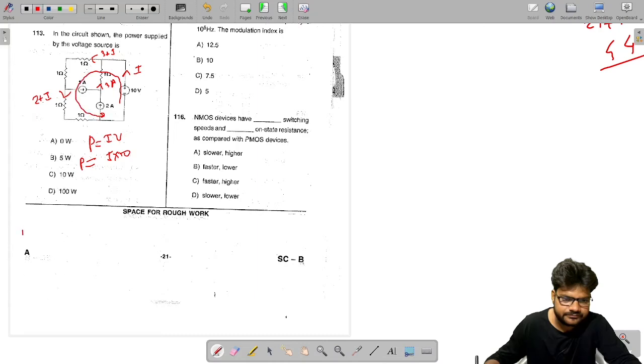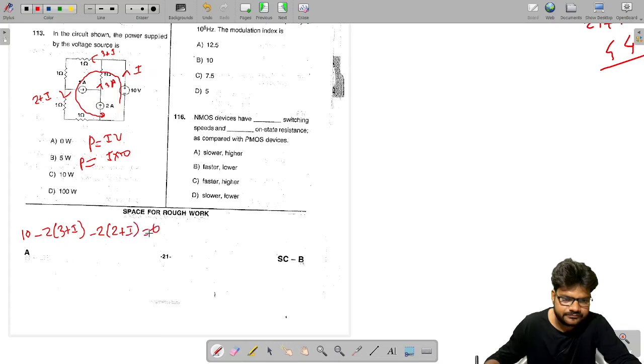KVL gives 10 minus the 2 ohm resistor times the current 3 plus I, minus the 2 ohm resistor times the current 2 plus I, equals 0.